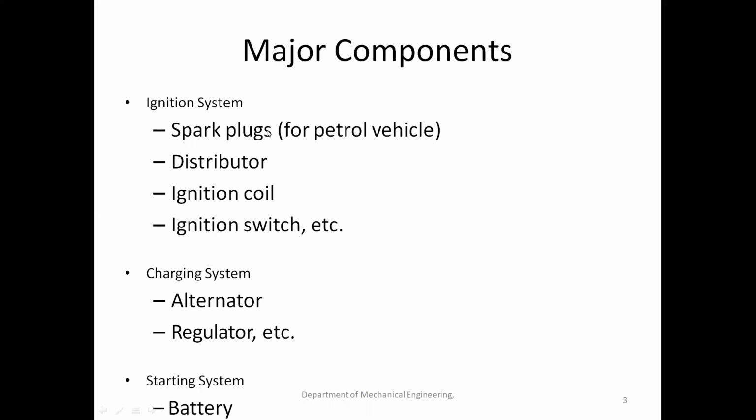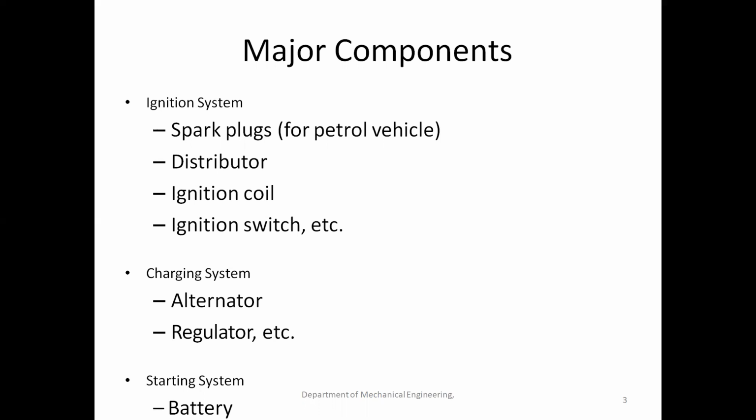So how should we generate the spark in petrol engines or any other automobile vehicles? We cannot kick a rod in the vehicle wheels. We can just apply a self-starter on the vehicle.